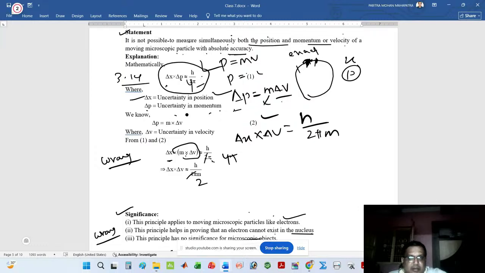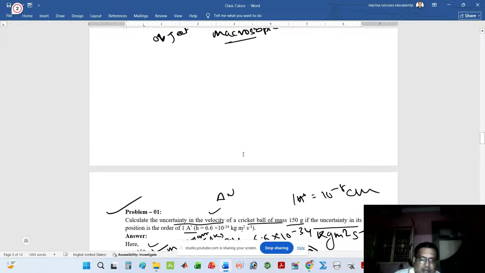Then del p is equal to m into del v. Put this value: del x into m into del v is equal to h by 4 pi. Then del x into del v is equal to h by 4 pi m. Okay. Next, move to the problem.